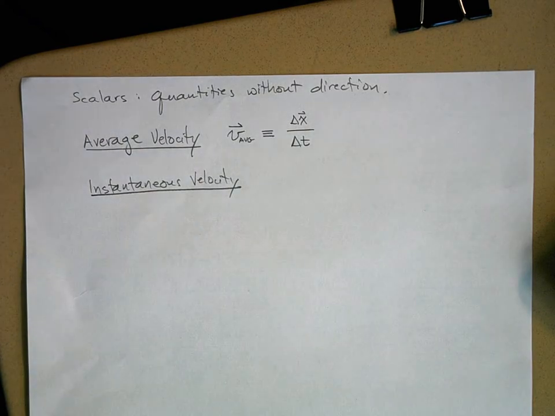Not averaged out over like a few minutes or a few seconds, but at that instant in time. When you are driving in your car and you look at your speedometer, it's telling you how fast you're going right that instant, not averaged out over your whole trip, but how fast you're going right then. How much the rate at which you're changing position per unit time for that instant in time.